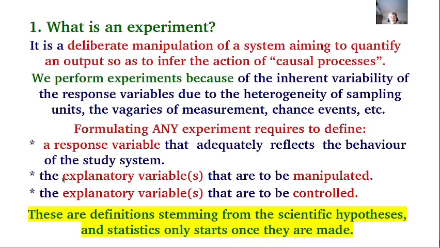Statistics does not tell us which are the best explanatory variables that need to be manipulated in order to infer the causal processes affecting the behavior of the system. And statistics does not tell us which are the variable or variables that need to be controlled so as to make a proper inference of the behavior of the system. Statistics only works after we have made these three essential definitions.